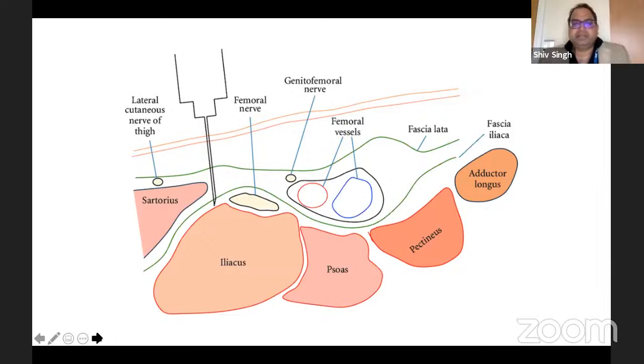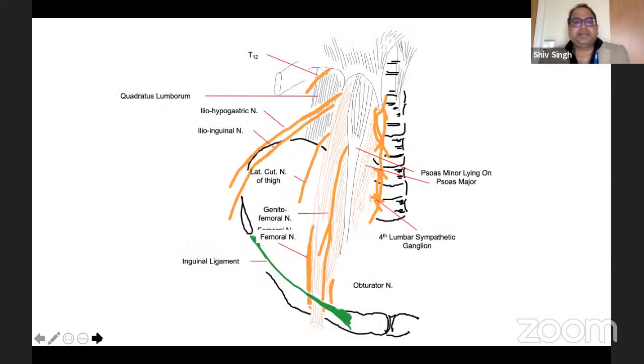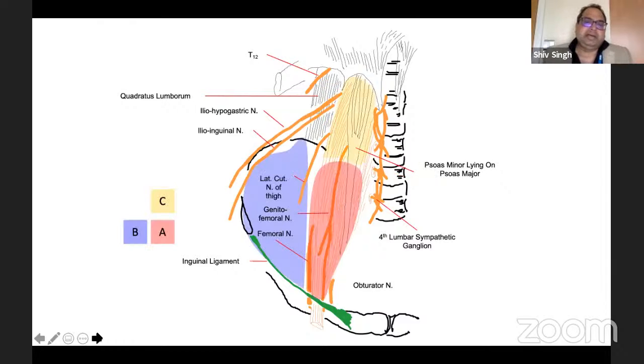So this is basically the femoral nerve block with large volume. Okay. So this diagram is showing how the local anesthetic spreads, or how the nerves are blocked. The obturator nerve is only blocked in 33% of the cases. So it's not truly a 3-in-1.